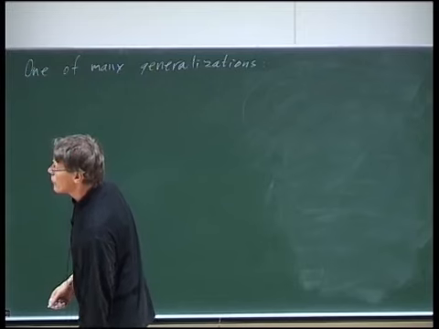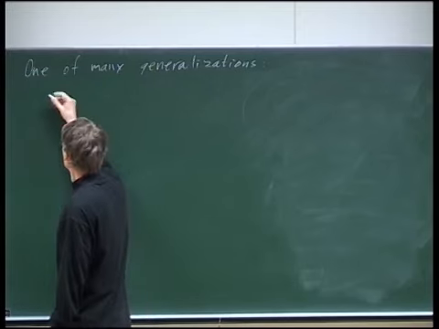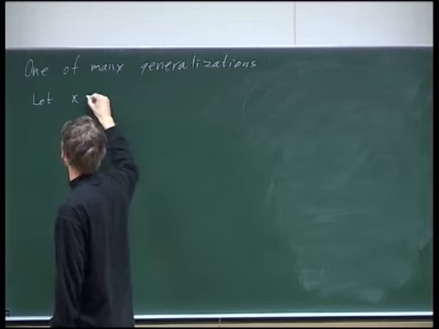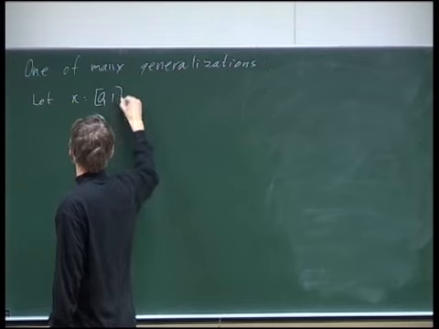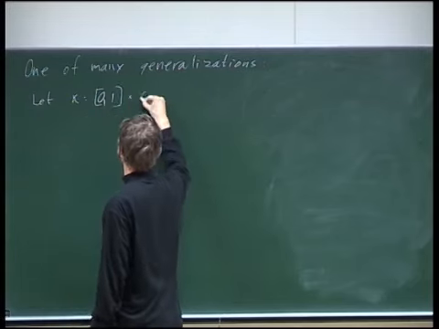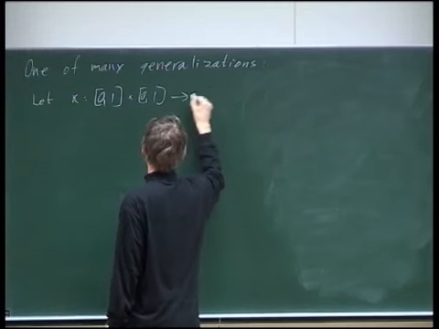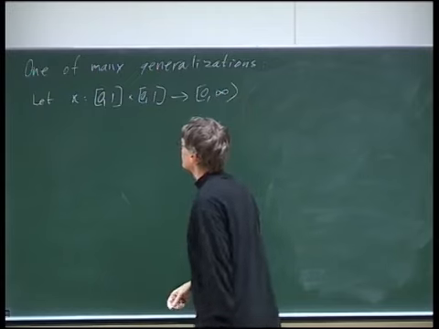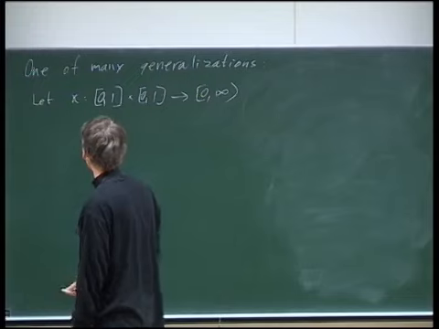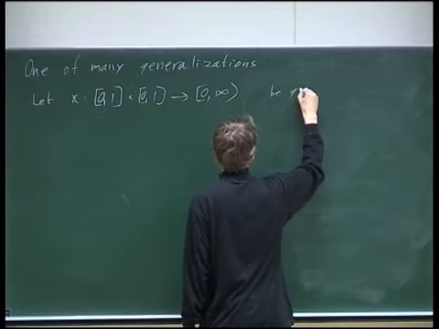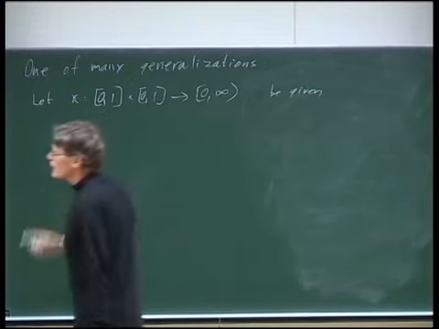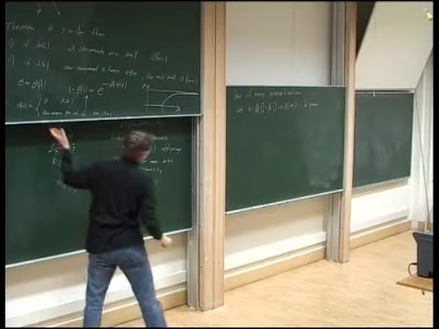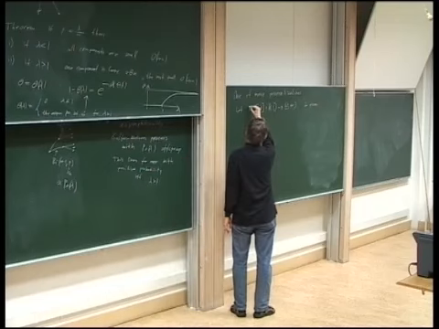So we take a kernel, which is called kappa, from 0,1 cross 0,1 to the non-negative real numbers. So let this be given. And I should tell you immediately that this case here corresponds to having kappa equal to a constant lambda.